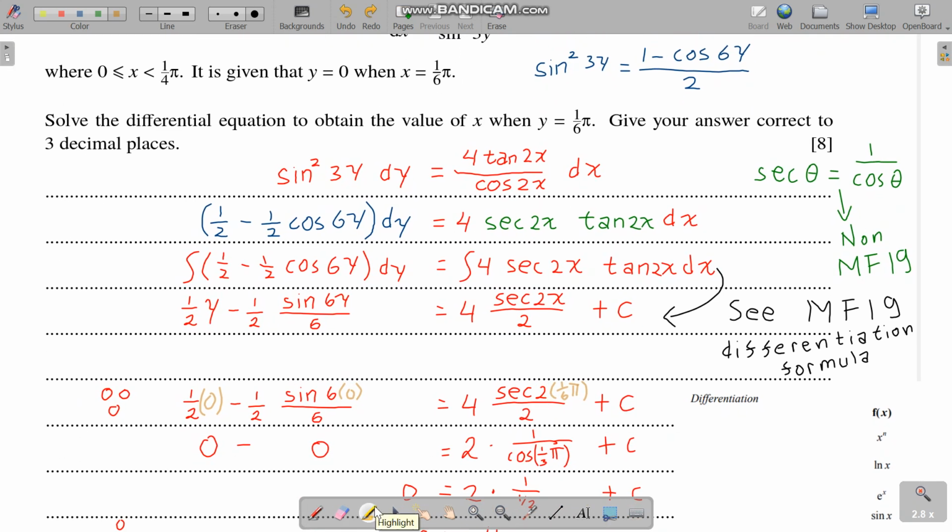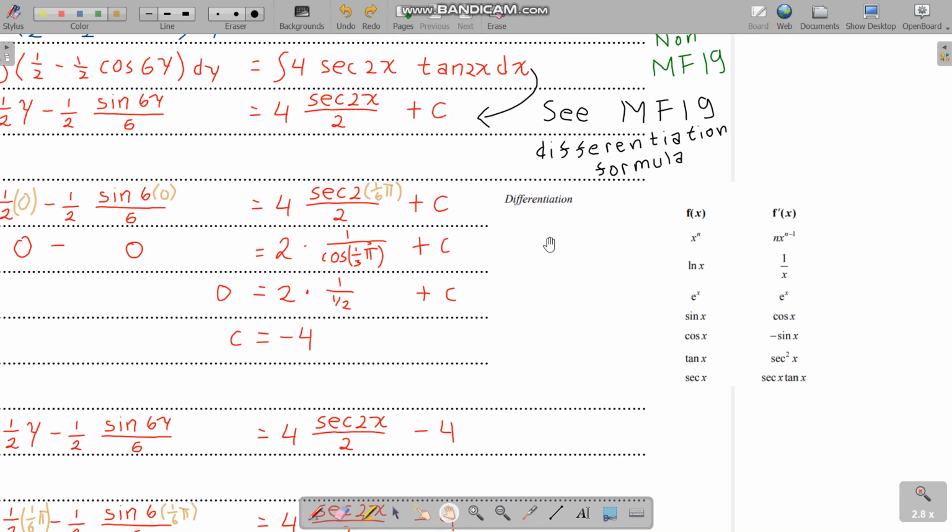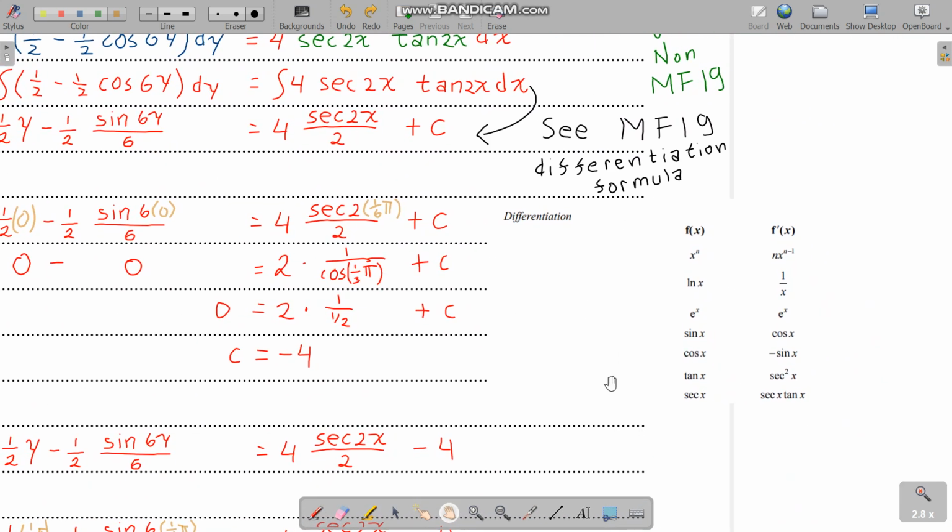On the left, the integral of 1/2 is just 1/2 y, and the integral of cos is sin, but we have to divide by 6 because of the chain rule. And for this one on the right, if you look at the MF19, this is not in the integration formulas but in differentiation.